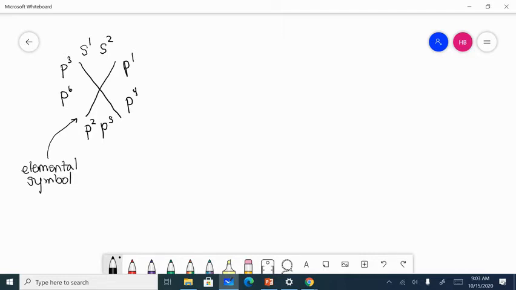So potassium has a complete electron configuration of 1s2, 2s2, 2p6, 3s2, 3p6, 4s1.